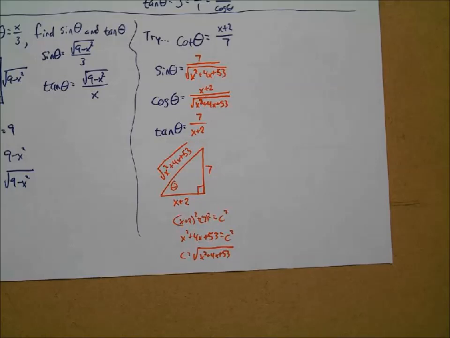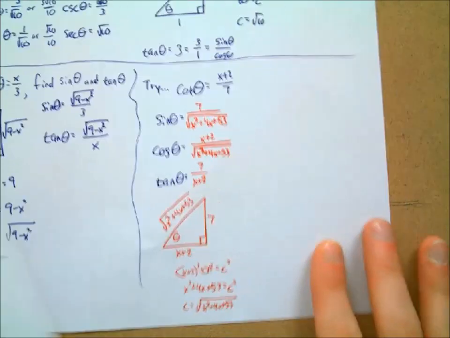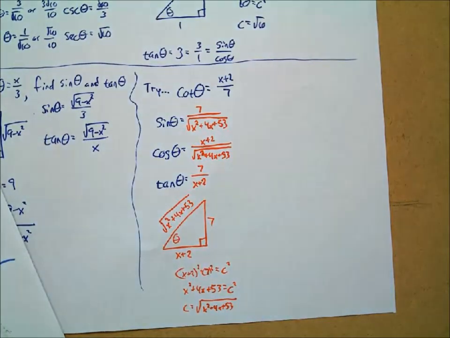Okay, moving on. Any other questions on this? Okay, you cannot break up a sum underneath a square root. It is the exact same thing as trying to break up a sum of something squared, right? If you have x plus 2 quantity squared, that is not the same thing as x squared plus 2 squared. We have to FOIL it, right? Same principle.